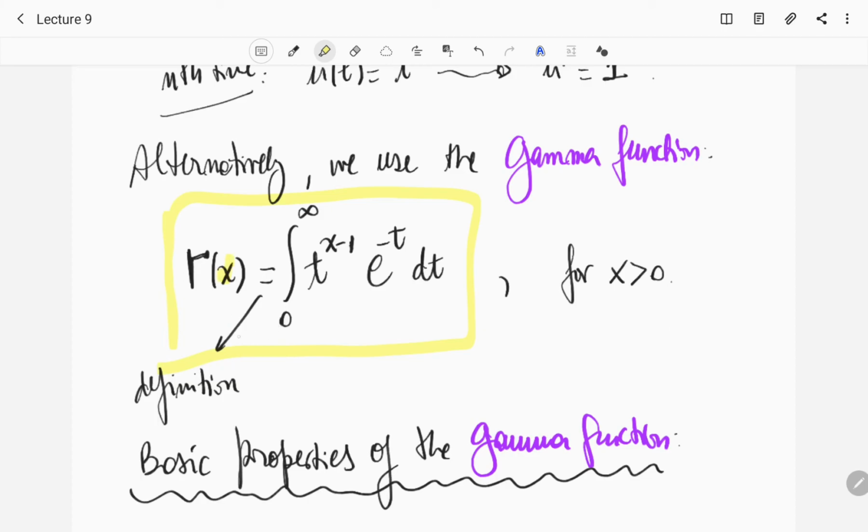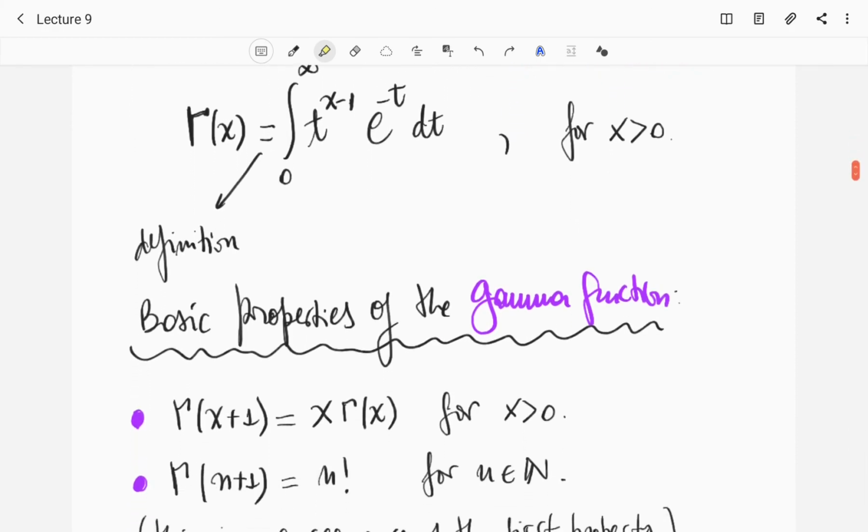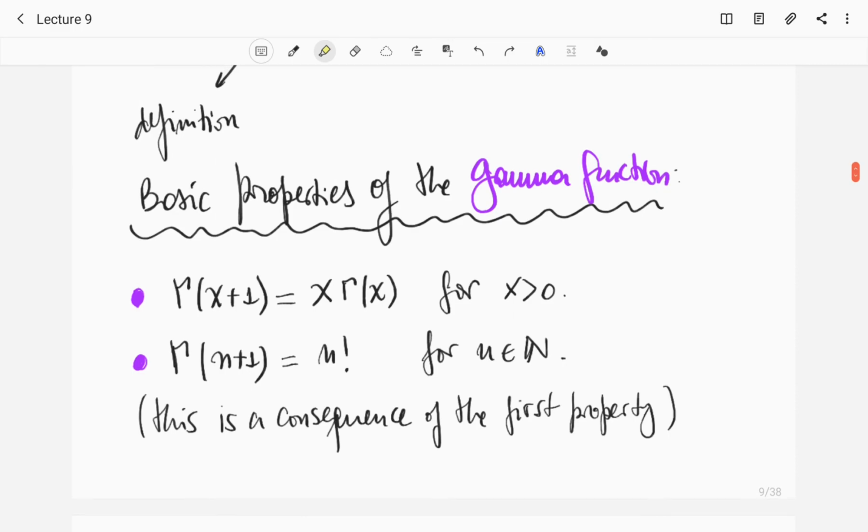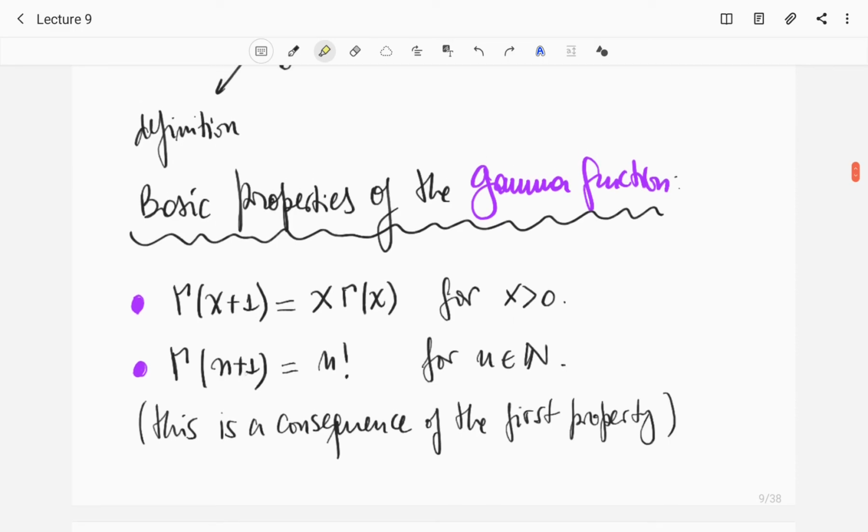This is the definition: the integral from 0 to infinity of t to the power x minus 1 times the exponential to the power minus t.